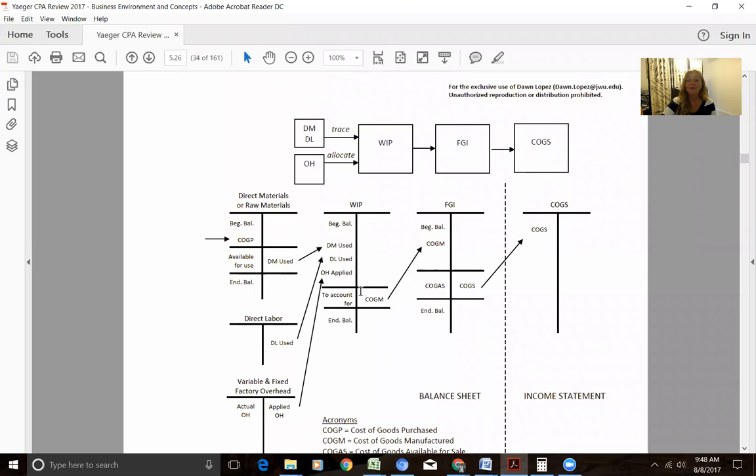When they come out of the work in process room, they go into our finished goods room. And then once they are sold, it comes out of finished goods and becomes part of our cost of goods sold. We're going to look at some specific examples of journal entries and how this process looks using debits and credits when we get into our next section talking about traditional costing.